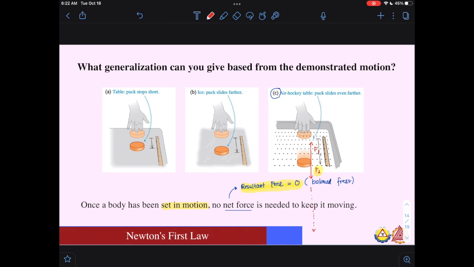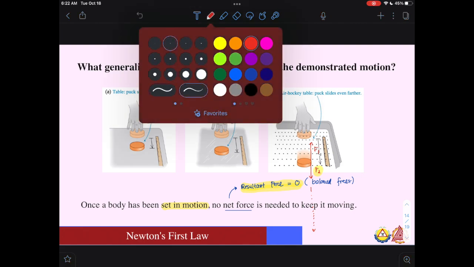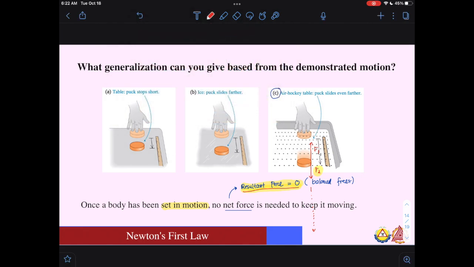Bahala pag equal na silang F1 o F2, basta it's already set in motion, it will continue moving. Mao nang bahalag imong resultant vector or resultant force nimo kay equal na siya sa 0, or meaning to say there is no net force. It will still continue moving, just like the case of your air hockey there. Okay? So I'm hoping this is somehow clear sa inyo.